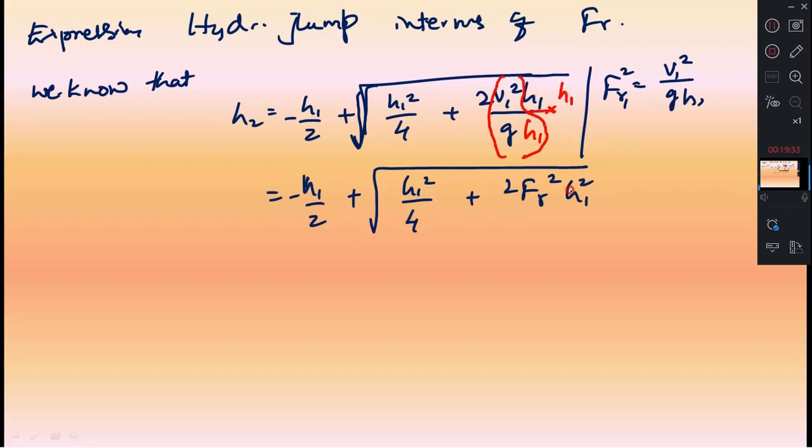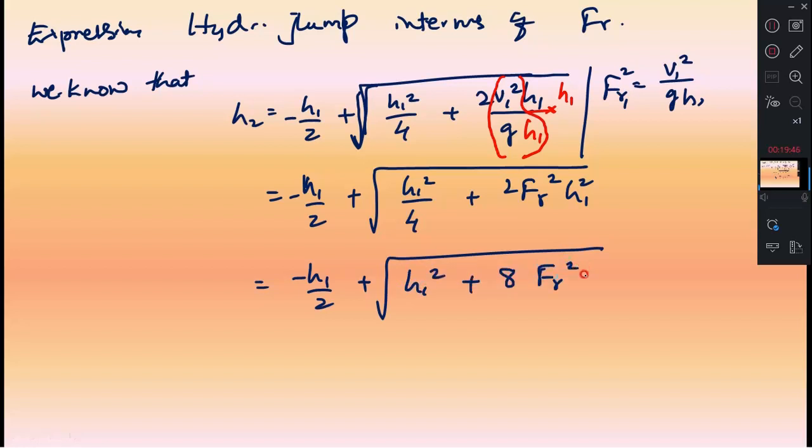Now I will take the LCM inside: minus H1 by 2 plus square root of H1 square plus 8 Fr square H1 square divided by 4.